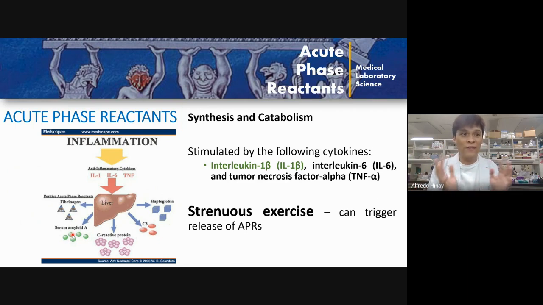So example of heavy exercise is like running. Before collecting the blood, did he run? Yan. Because strenuous exercise, class, or going to the gym, can actually increase your acute phase reactants. We need to be careful with that one. Why? It can actually cause a false positive result.